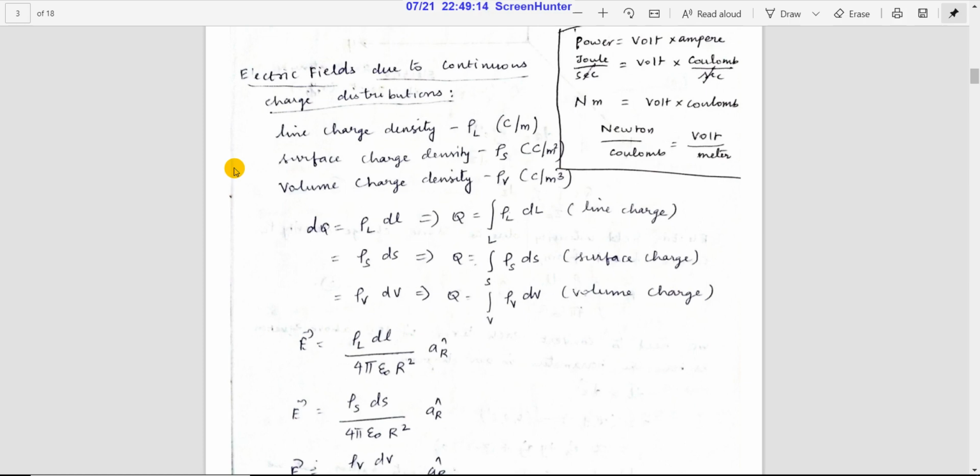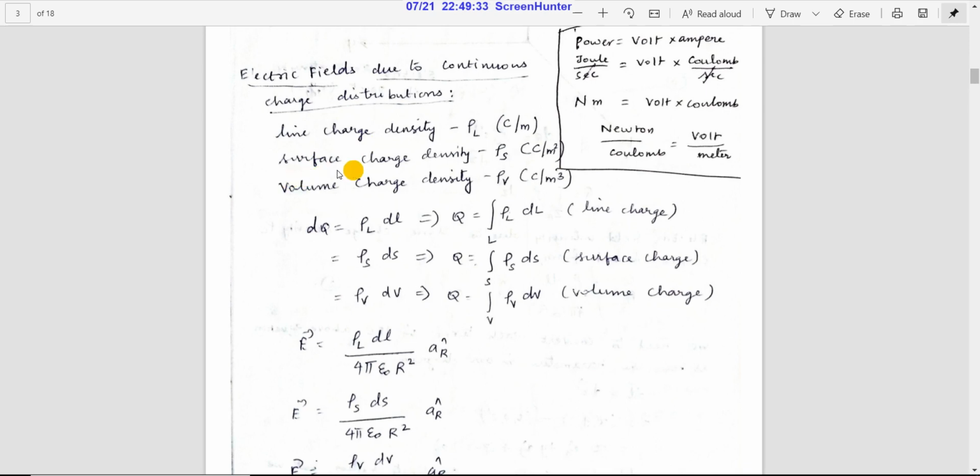A point charge can also be called a charge density, but in the literature we define the point charge as a single charge which has the value q.